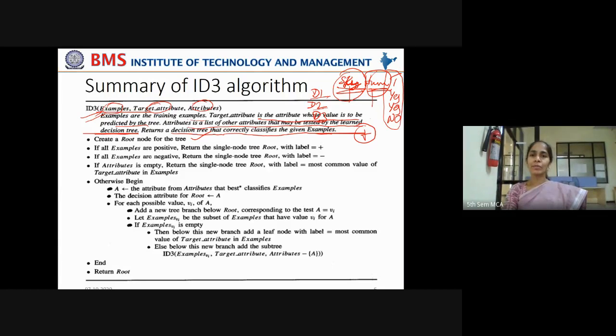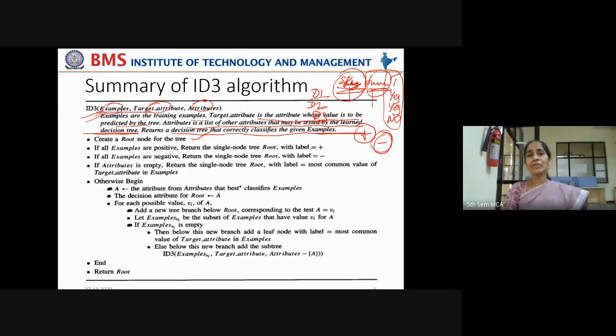In the same way, if all examples are negative, that is no, or 0, whatever you take, say default of the loan or not, then also you need not construct a decision tree, because all the training examples belong to only one class.